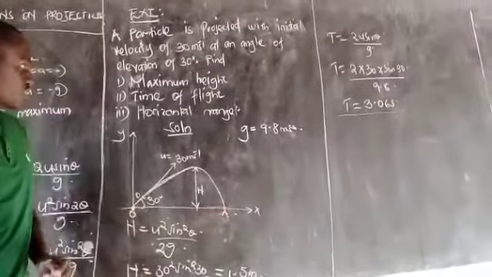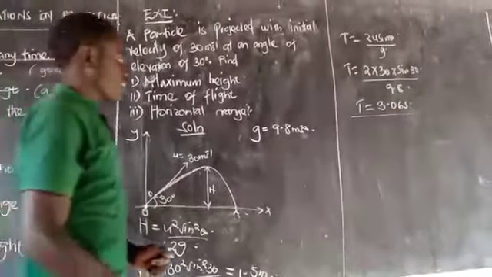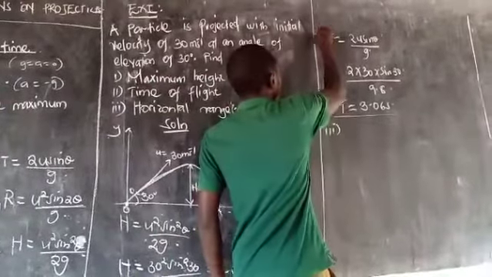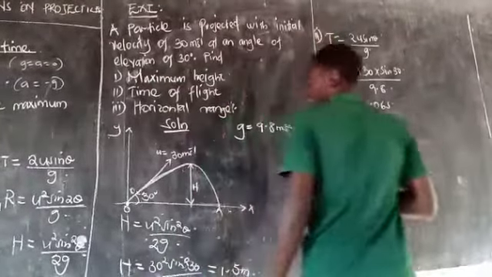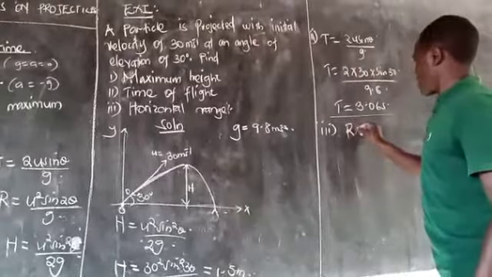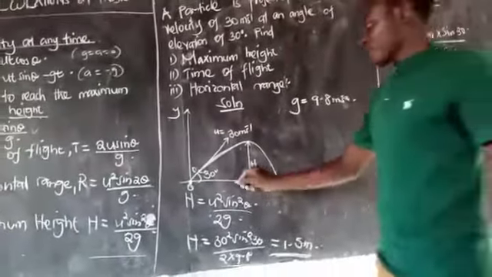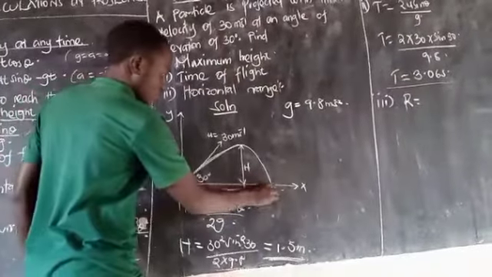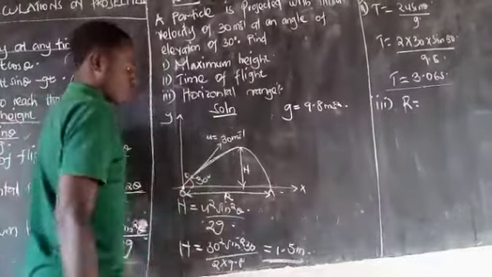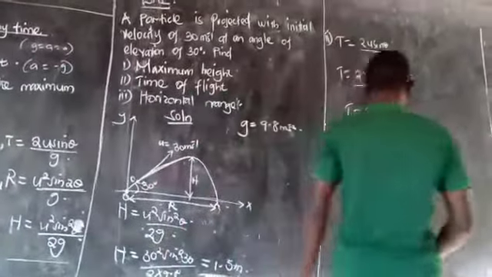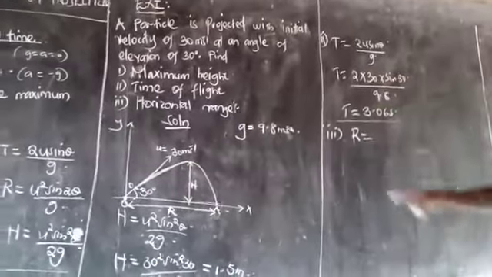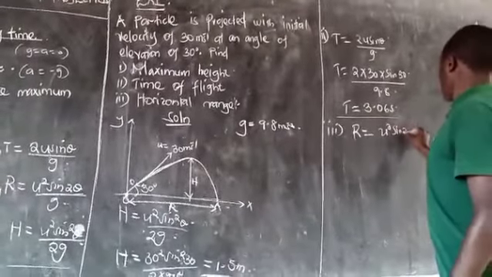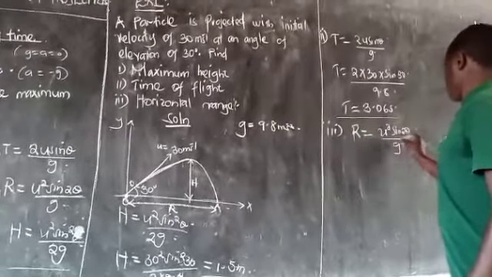Roman number 3 is asking us to compute the horizontal range, and we said the horizontal range is abbreviated by capital R, and it is the horizontal distance traveled before the particle returns to the same horizontal plane. And we said it is got from the expression u squared sine of 2 theta divided by g.